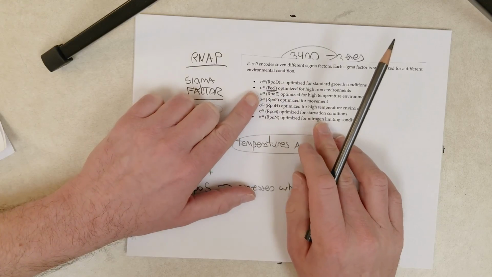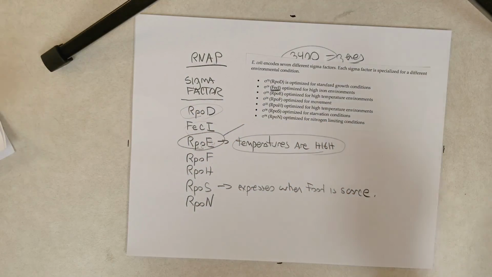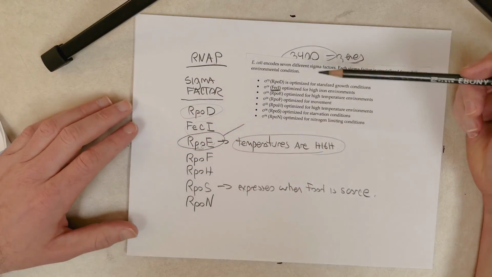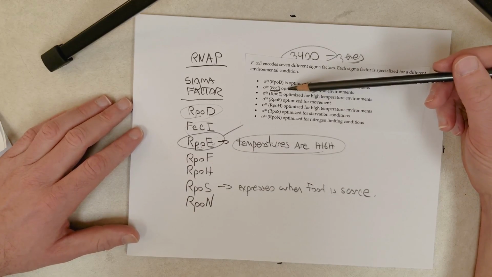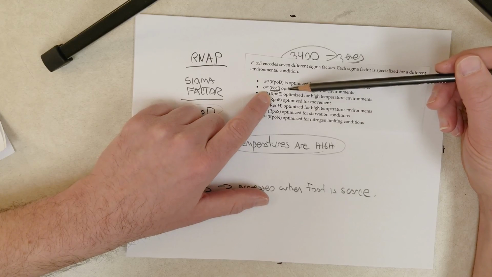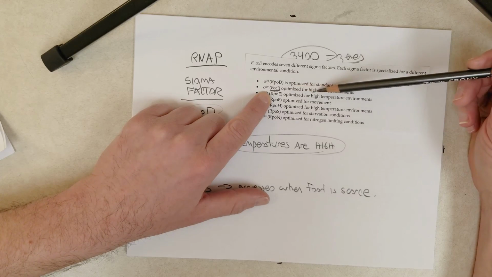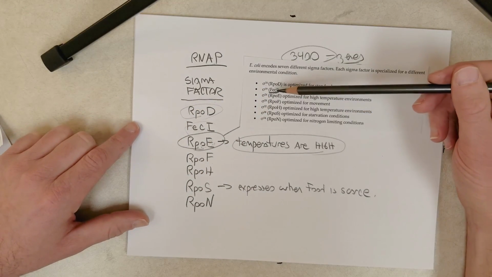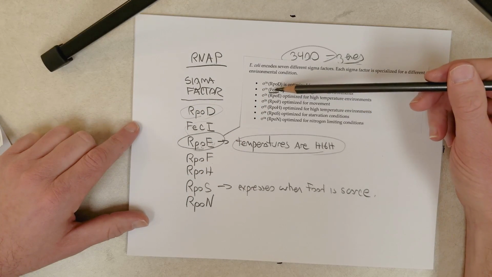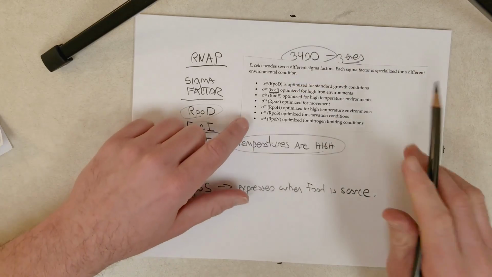And there's going to be a set of genes, maybe 10 genes, maybe 100 genes, maybe 1,000 genes, that the organism is better suited to survive high iron environments when those genes are on.